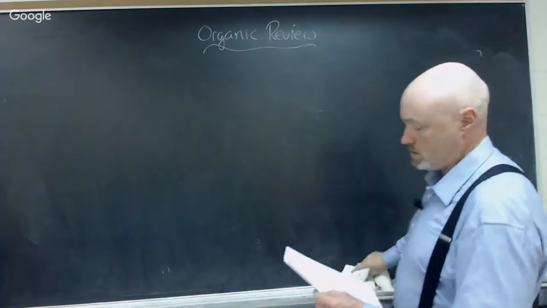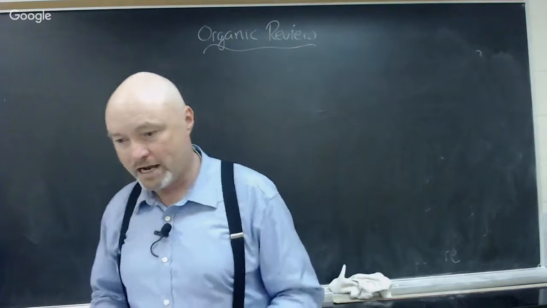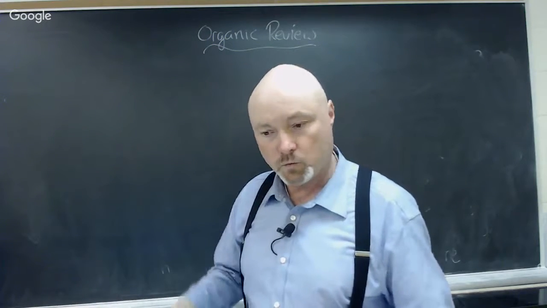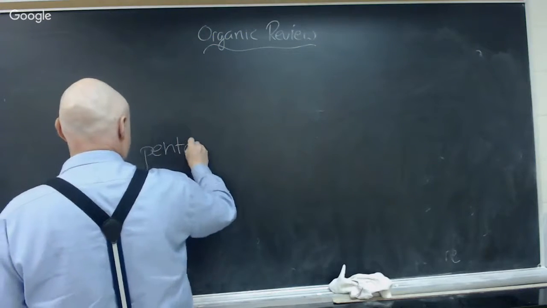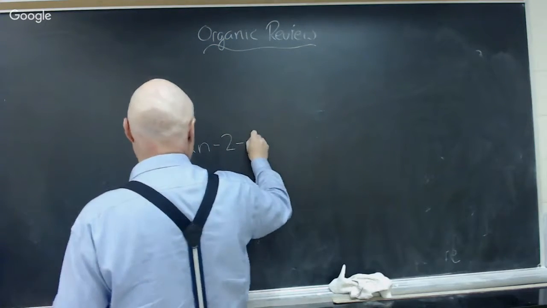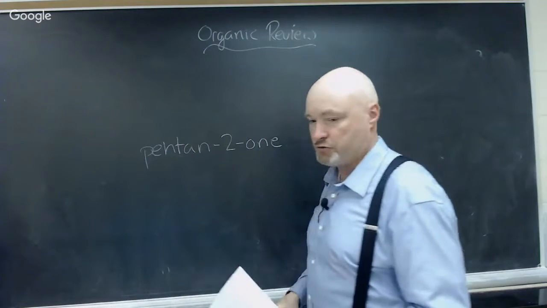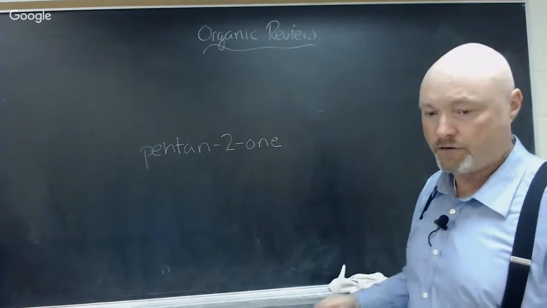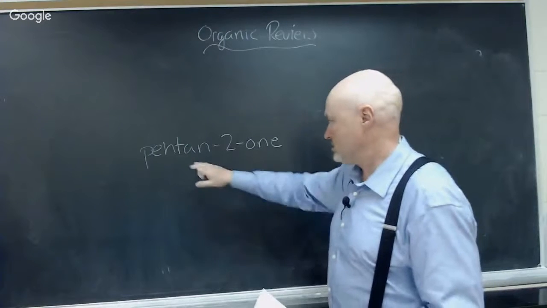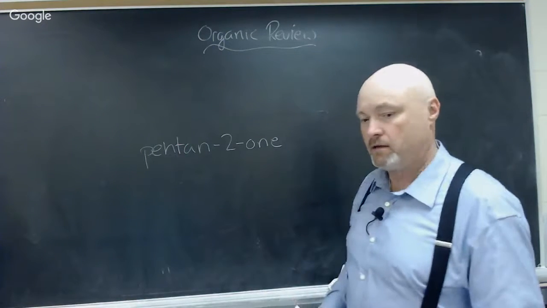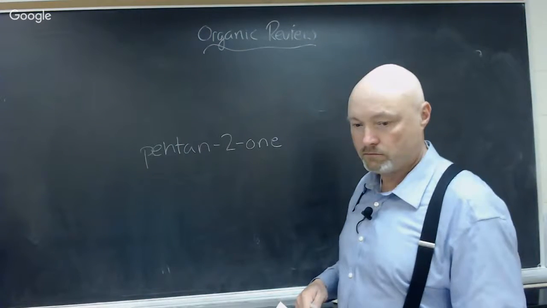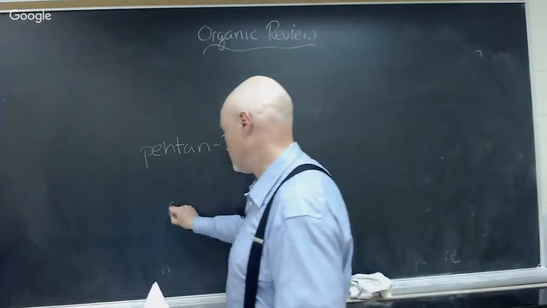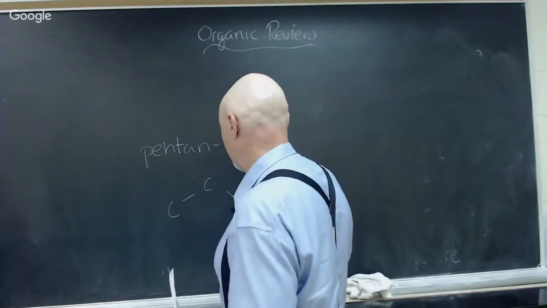Okay. So next one, we're given the name, and then we are asked to draw the organic molecule. So this is pentan-2-one. How many carbons in the backbone? Five. Yes.